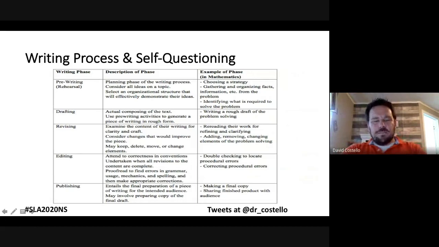I'm just wondering, in math, how many times do we focus on getting the students to choose a strategy, and we ask them why they chose the strategy? Then we get them to write. But notice how I'm not highlighting a rough draft, because what they submit is a good copy.